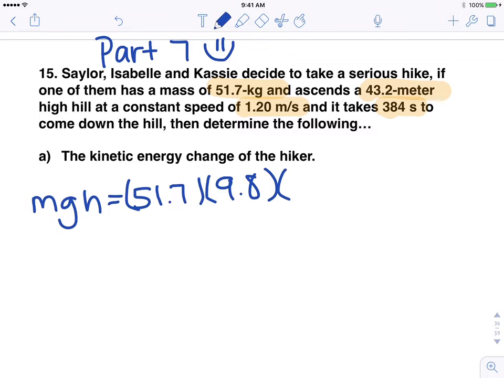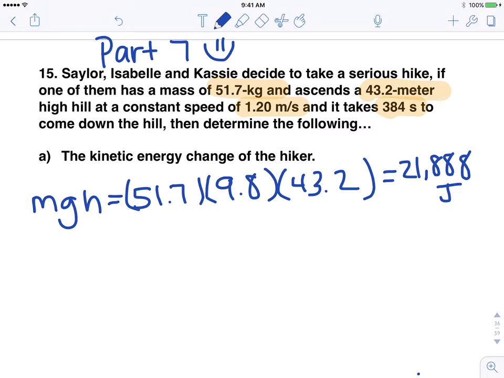All right, and then we have height, 43.2 meters. That's only supposed to be one little decimal there. All right, so I already calculated this, and I have a value of 21,887.7 joules, but I'm just going to round to 21,888 joules.